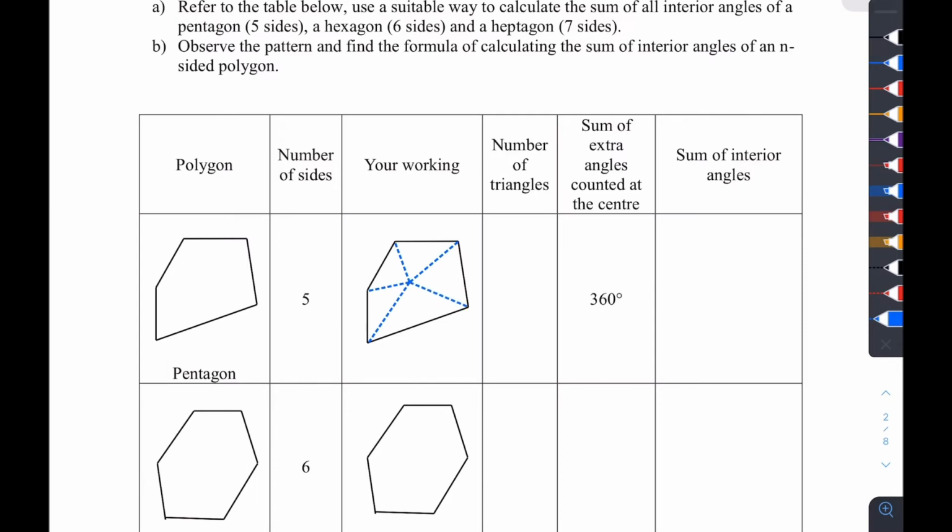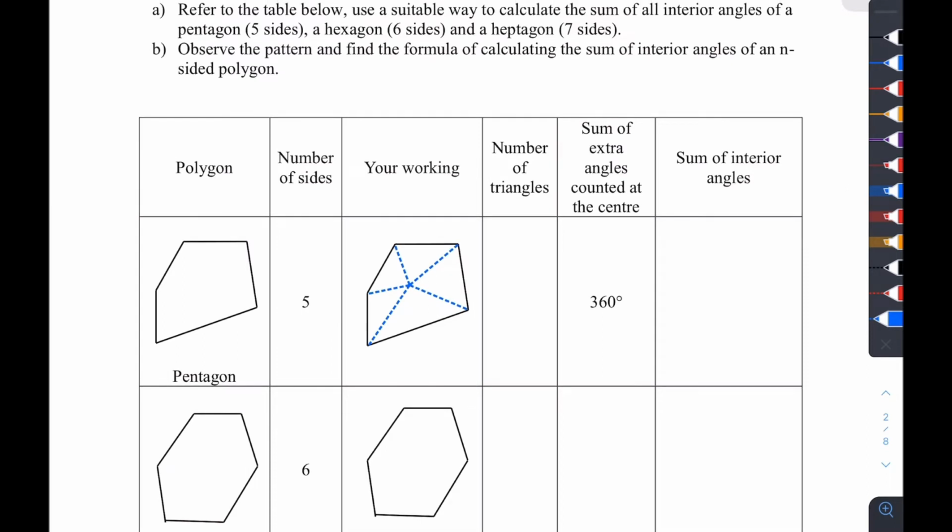So now from one pentagon, we're going to have 5 triangles. Because we're interested in interior angles, can we find the interior angles of all the 5 triangles? We can. So there are actually 1, 2, 3, 4, all these angles.